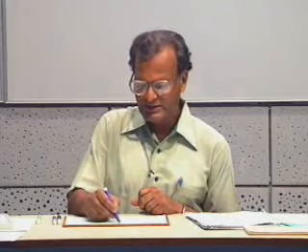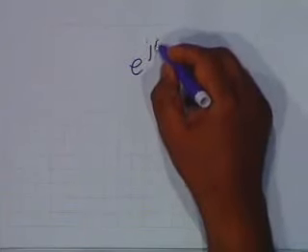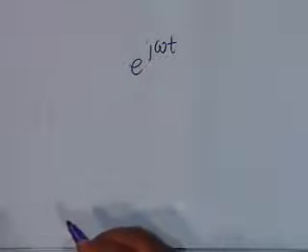A fourth candidate in this category is the sinusoidal function, sine omega t or cosine omega t. That is also an elementary signal, and its generalization is in terms of e to the power j omega t.